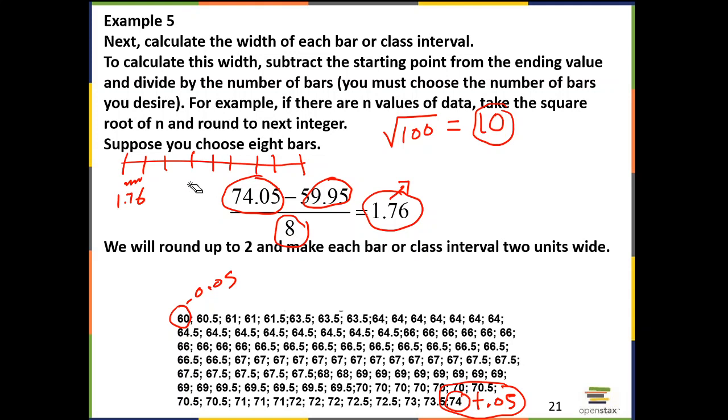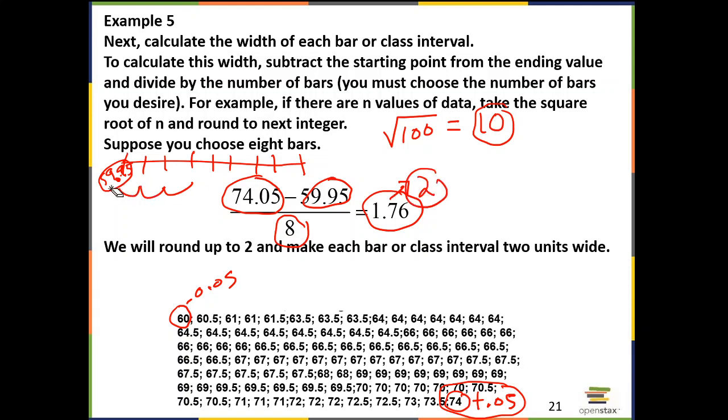Because if you start with a number with 2 decimal places, no matter what we add to it, we still keep the 2 decimal places. So 59.95 has 2 decimal places, and whatever we add to it, we can keep 2 decimal places. So instead of adding 1.76 to get the next one, we can just round it up and make the length 2.